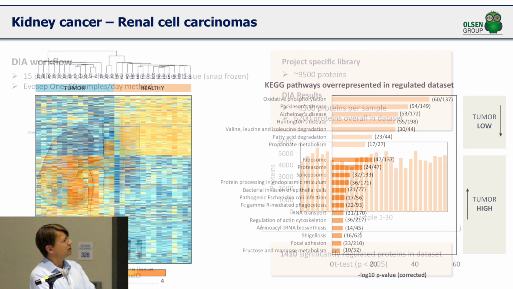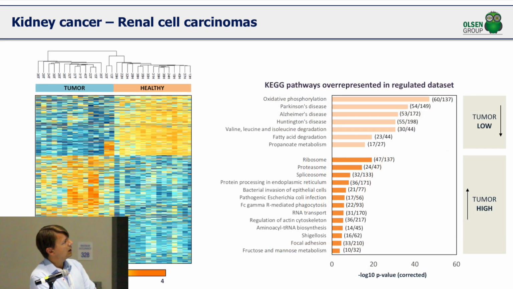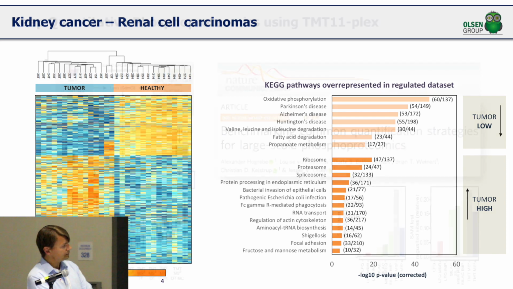And this is just a heat map of the hierarchical clustering, and we can see that, all as expected, the proteins that are low in the tumors seem to have these gene ontology pathways associated with them, whereas the pathways that are high in the tumors are mainly splicing and functions such as cell-cycle-related stuff.